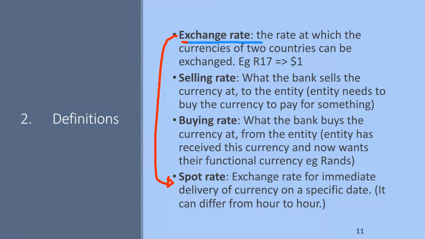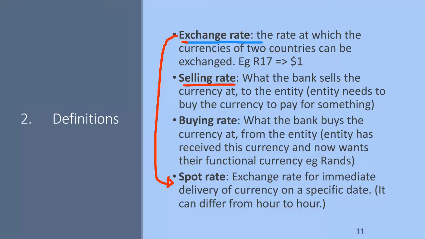Now, the spot rate is what happens in the market. But if you want to buy a foreign currency, you can't just walk up to the market and buy, because the market is not in a specific place. It happens between very big banks, right? The way these banks buy and sell, they use a different rate to buy and a different rate to sell.